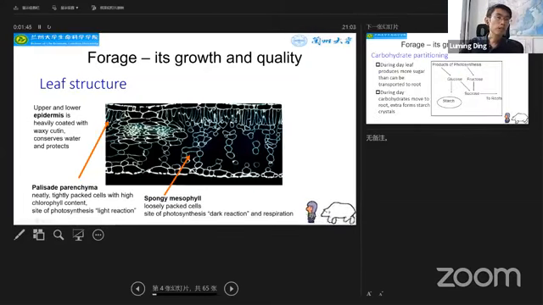From the picture, we can see the two kinds of cells are different. The first is neatly, tightly packed, and the spongy mesophyll is loosely packed. The light reaction of photosynthesis is in the palisade parenchyma cells, and the dark reaction or respiration is in these cells.